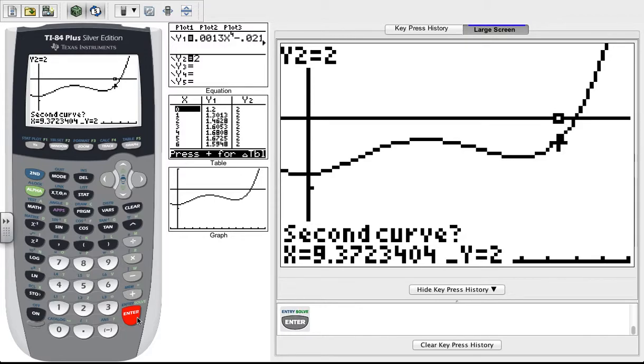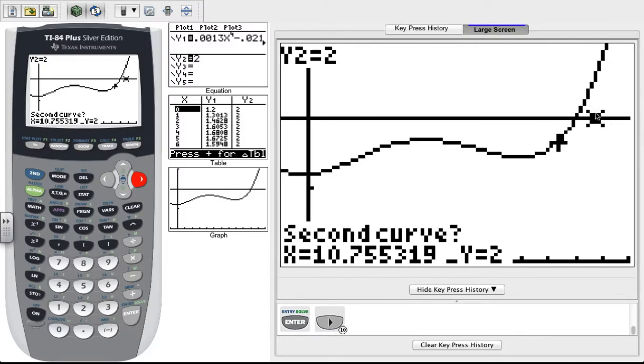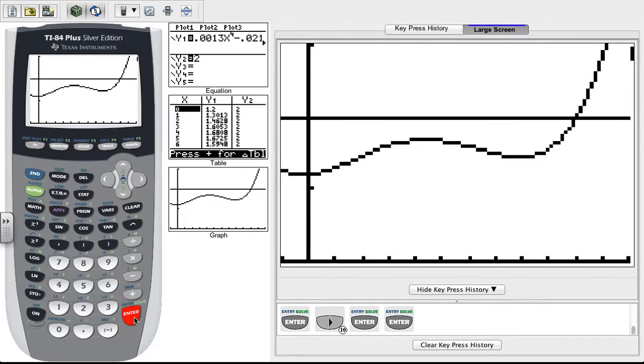So I hit enter. Once it does that, my cursor switches to my second line, this y equals 2. Now I need to move this cursor to be to the right of where I see this intersection. Here it is, to the right. So I hit enter again. I don't need to enter a guess, so I hit enter.